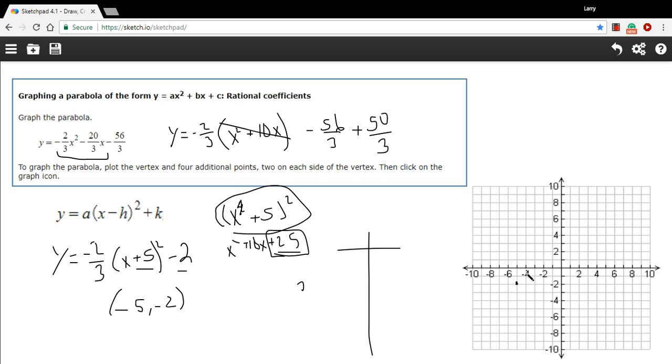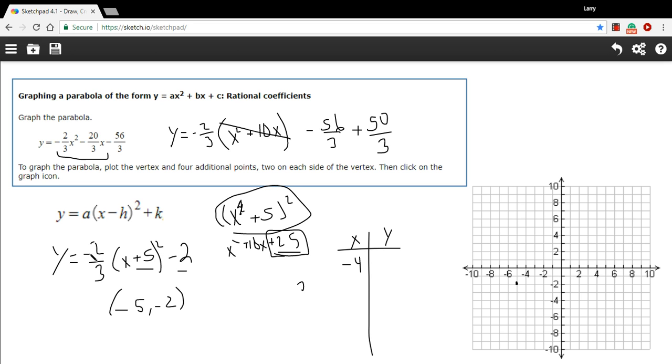So let's plug in a negative 4 and a negative 6 for x. Let's try negative 4 first. Here's x, here's y. And let's just plug them into this equation. So here, a negative 4 in for x would put a 1 inside here. Negative 4 plus 5 is 1. 1 squared is, sorry, 1 squared is not 2. 1 squared is 1.